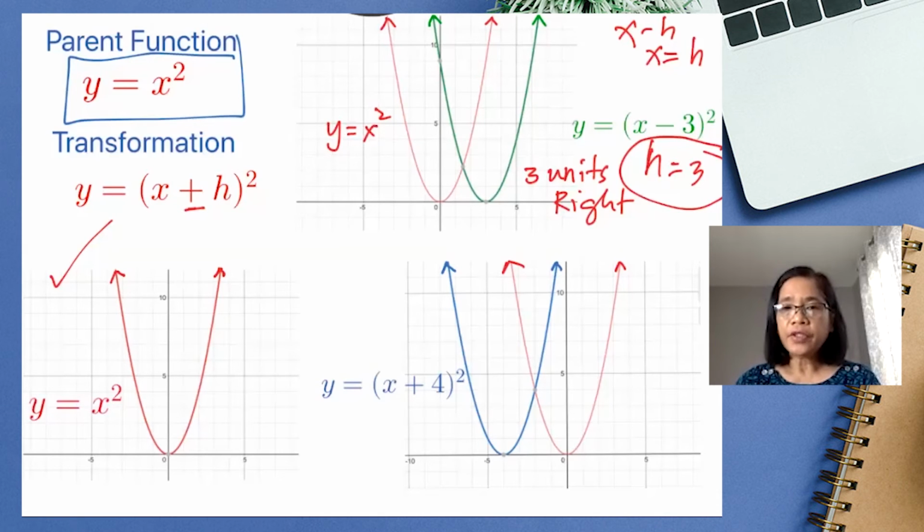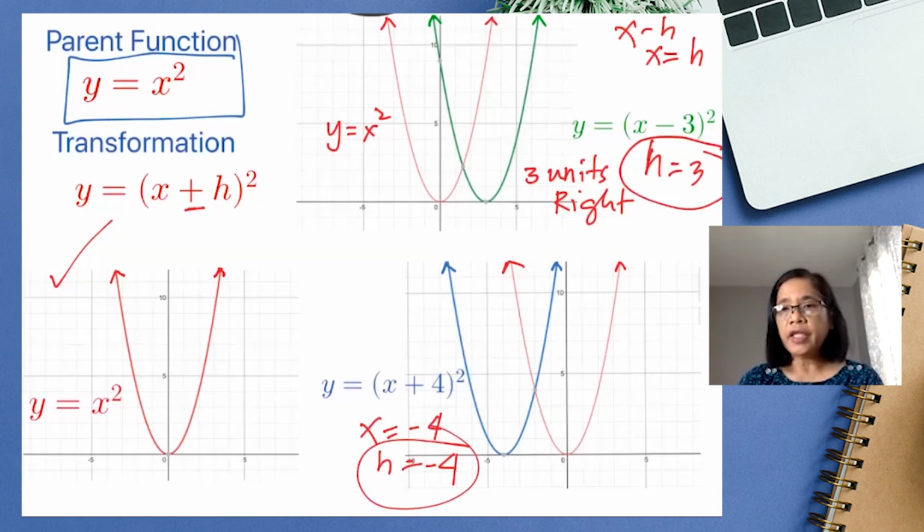Now let's compare to the graph of the function when h is negative. If we solve for h here, when you have x plus h here, h here is negative 4.